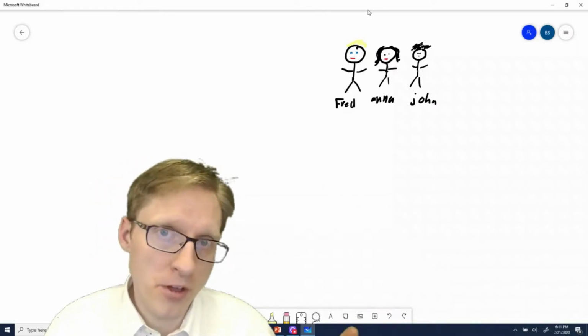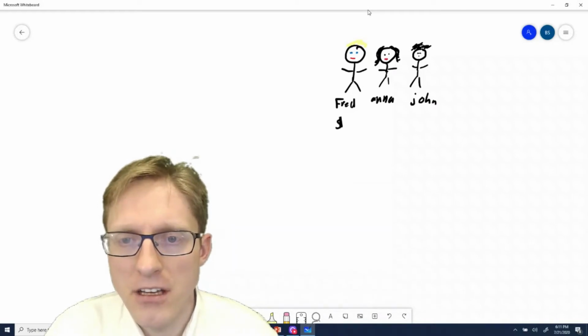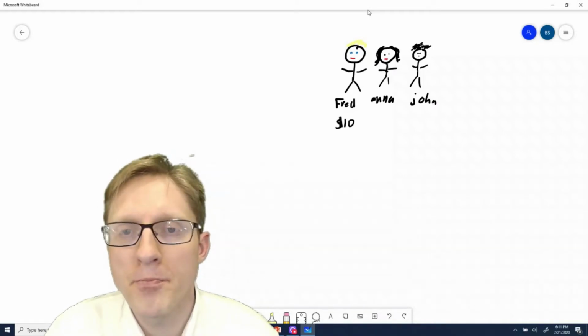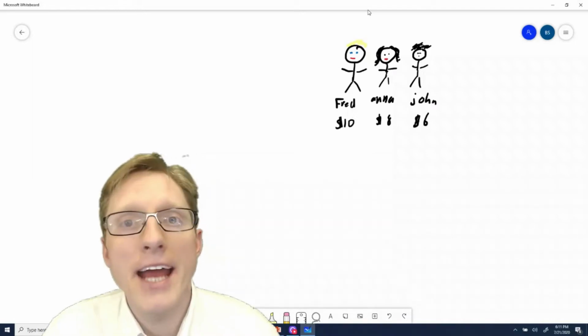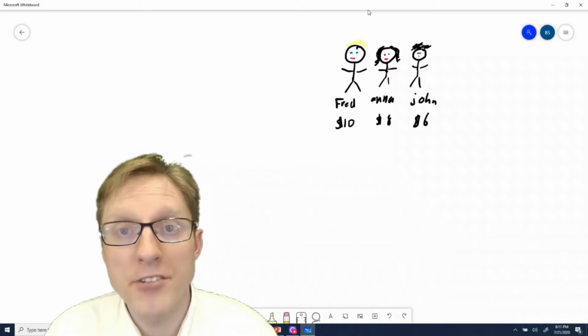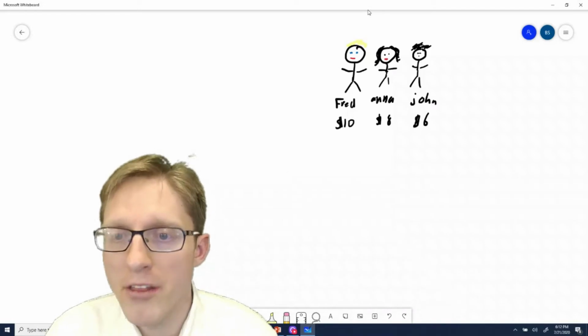So each is willing to buy at most one unit, and Fred is willing to pay $10. Anna is willing to pay $8, and John is willing to pay $6. Any higher price than their willingness to pay, and that person will not buy. If the price is at their willingness to pay or lower, they are willing to buy.